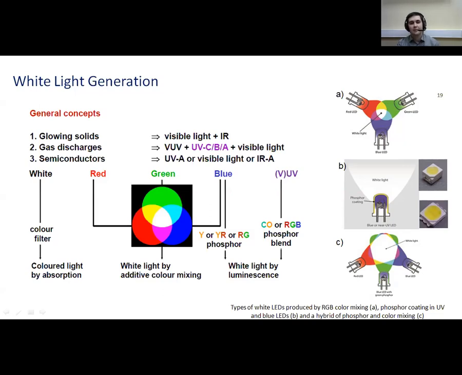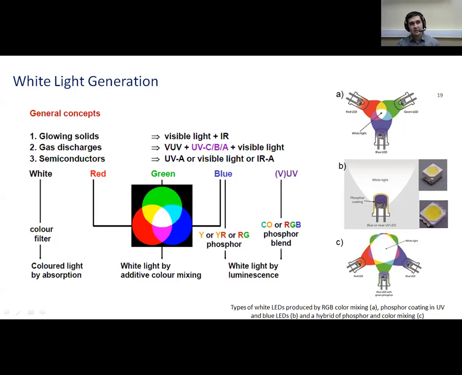If we speak about LEDs, we can produce, for example, trichromatic or maybe tetrachromatic LEDs, like blue, red, and green colors. Mix them together, and finally we receive white light. So such LEDs are called trichromatic. It also depends upon the combination of monochromatic LEDs used.